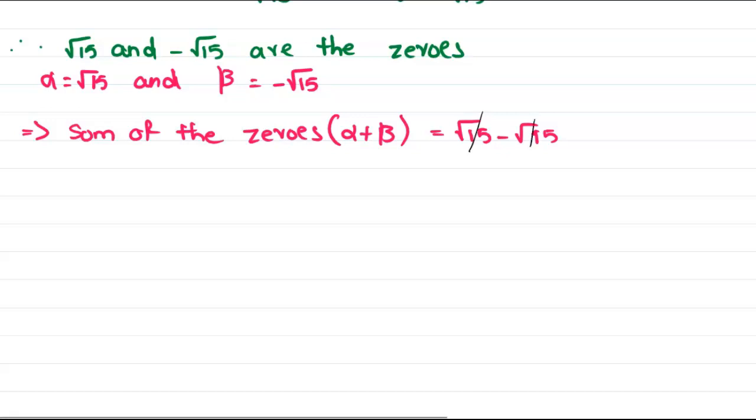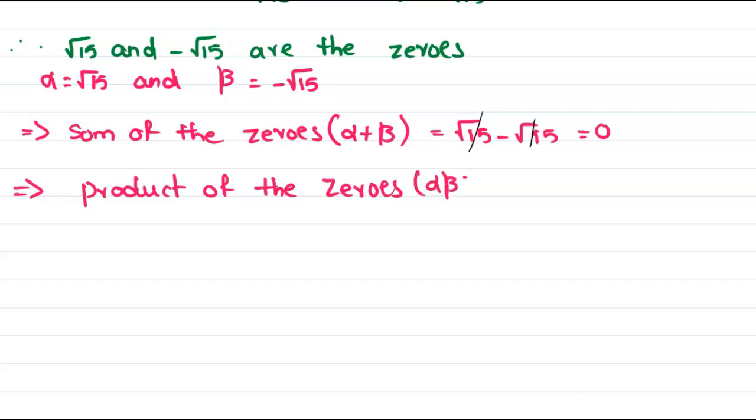So we will get 0 finally. And here the product of the zeros, that is alpha beta, is equal to root 15 into minus root 15, that is equal to minus 15. So this is the relation between the zeros of the given polynomial.